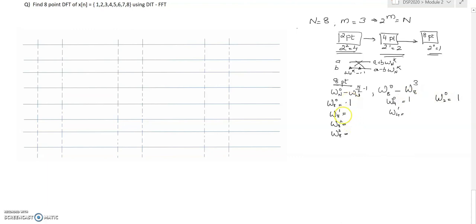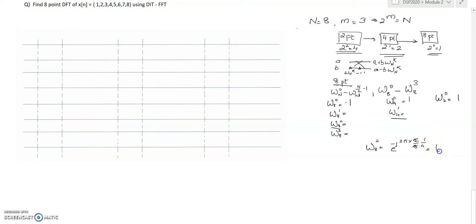And if we are finding out these 2 terms, W_8^2 is correlated with W_4^1. I'll just explain how it is. W_8^2 is basically e raised to minus j 2 pi into 2 by 8. Now if we cancel this, this becomes 1 by 4.